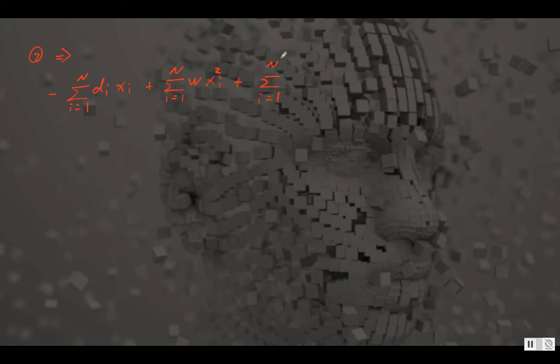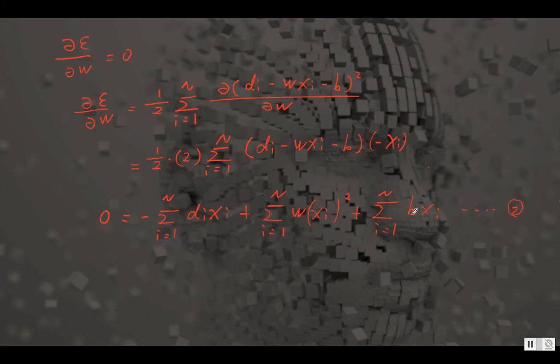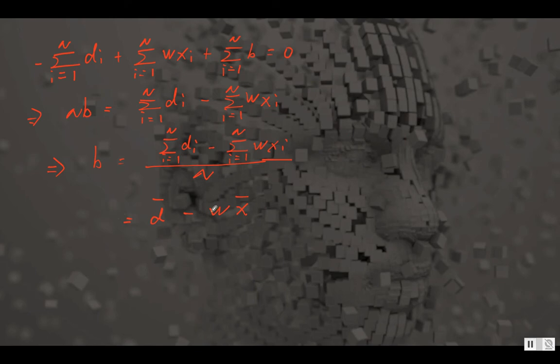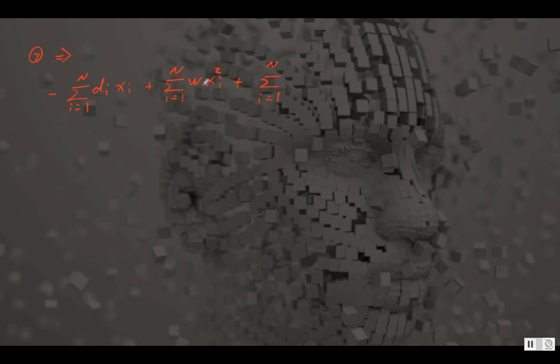Let's go back, check the b. Here's equation 2. Here should be b, but we know b equal to this thing, so we plug this into the equation. That's equal to d bar minus w x bar, and then multiply with xi. This whole thing equal to 0.